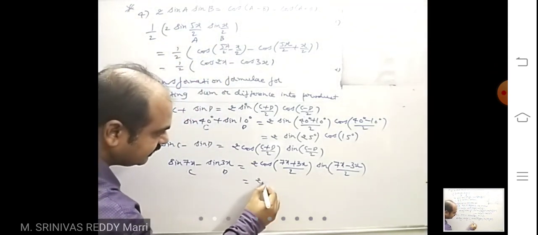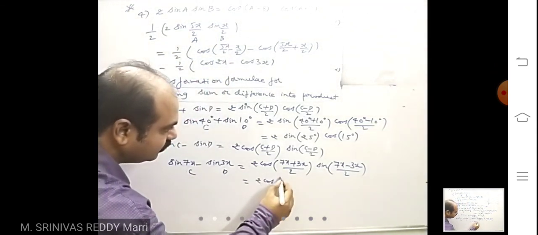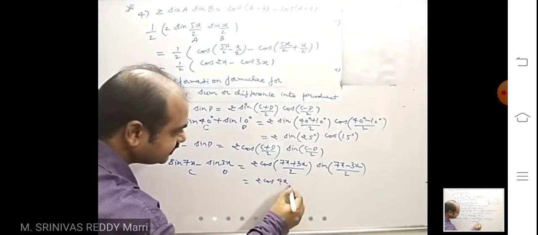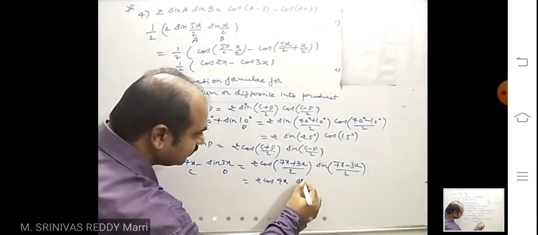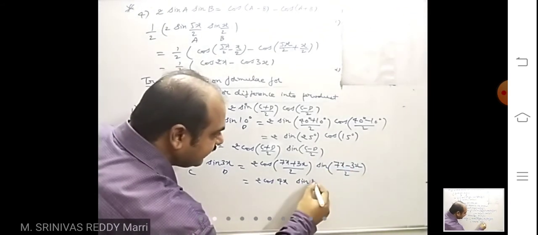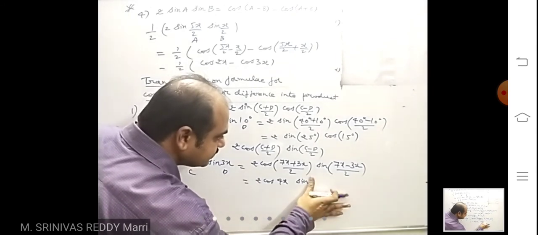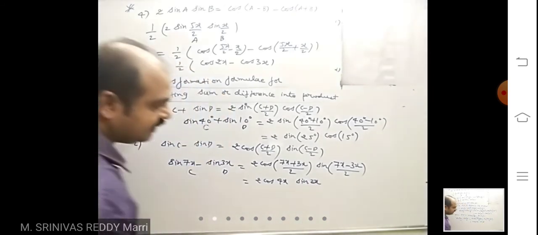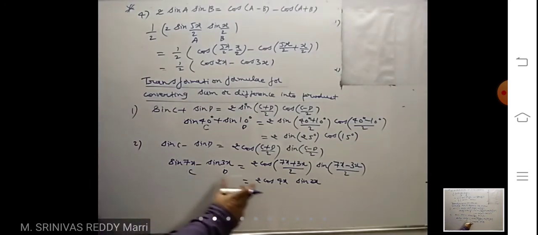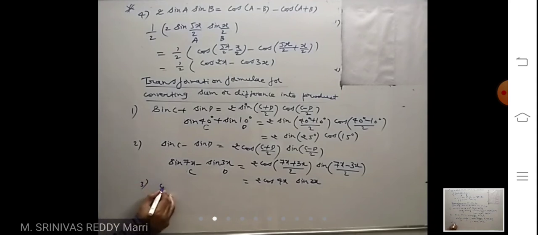So this is nothing but 2 cos 8x by 2, which means 4x, sin 4x by 2, which means 2x. Now this difference is converted into product. That is second formula.